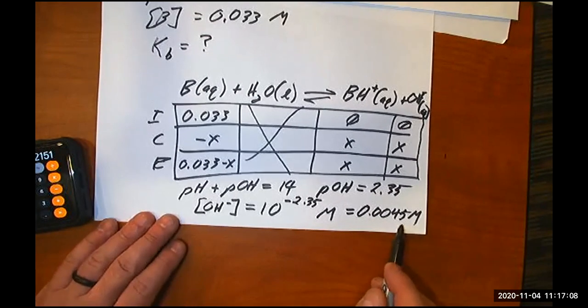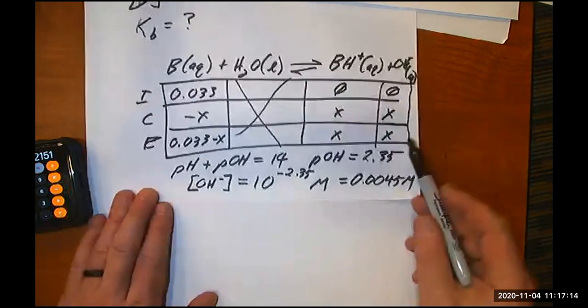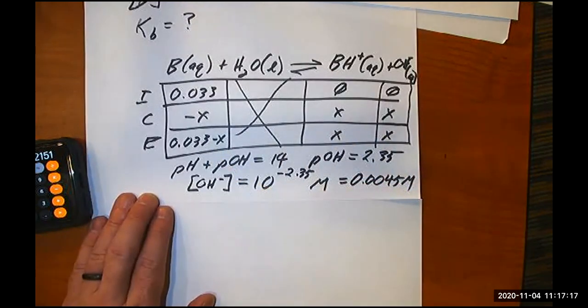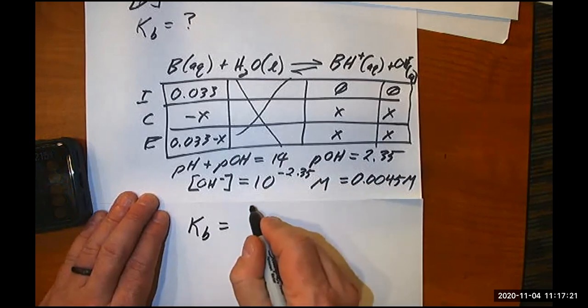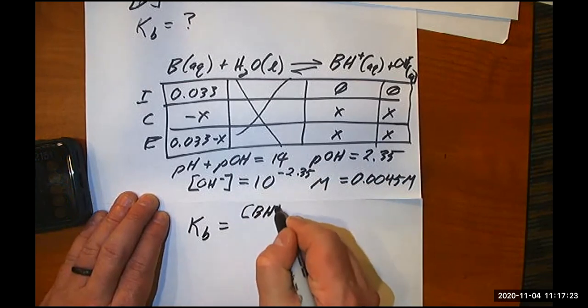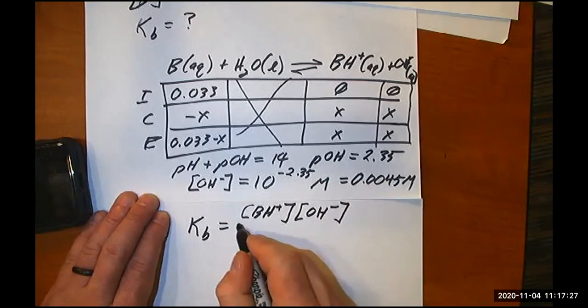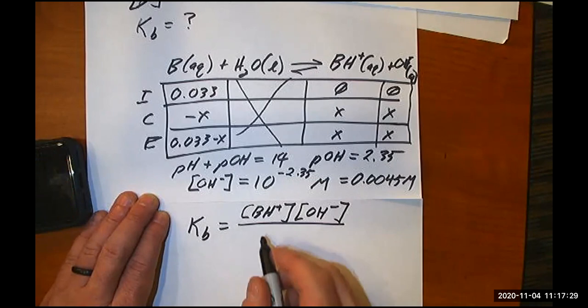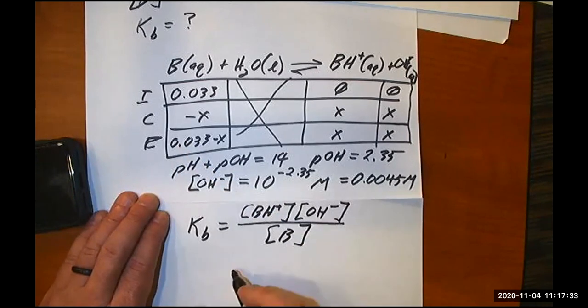And so we now can see that we have enough information to get the three concentrations we need to find the Kb. So Kb is going to be the products, BH plus, OH minus, over our reactant, concentration of B.